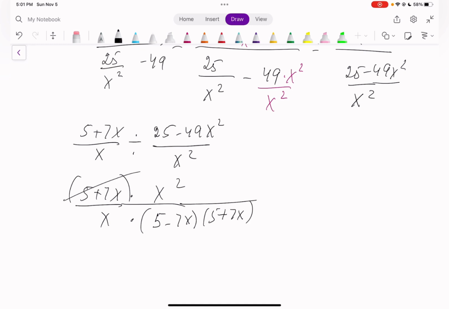So this and this is gone. X here is cancelled with this square, because square meaning degree 2 minus 1 is going to be degree 1. So x survives there, and I am getting x over 5 minus 7x.